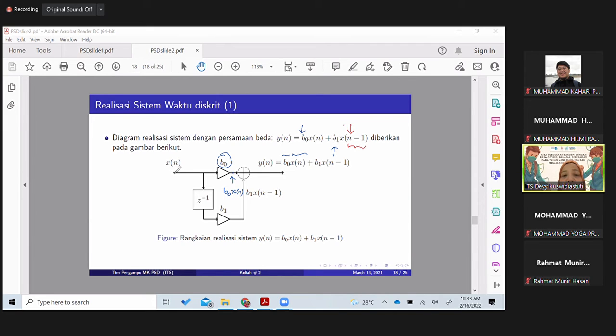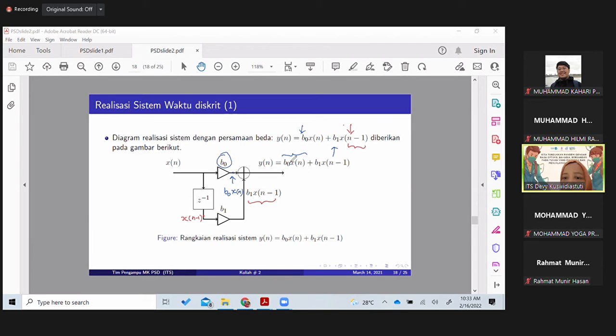And then there's a branch here, which is also xn, but it went through a shift register, which means that the output of this shift register would be xn minus 1. Then it went to a multiplier with b1, and the output here would be b1 xn minus 1.